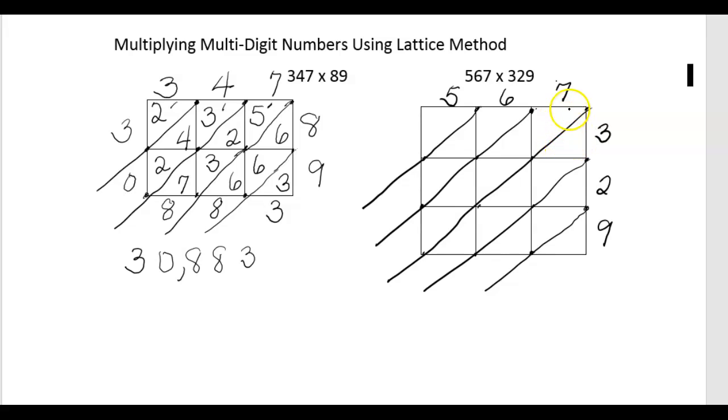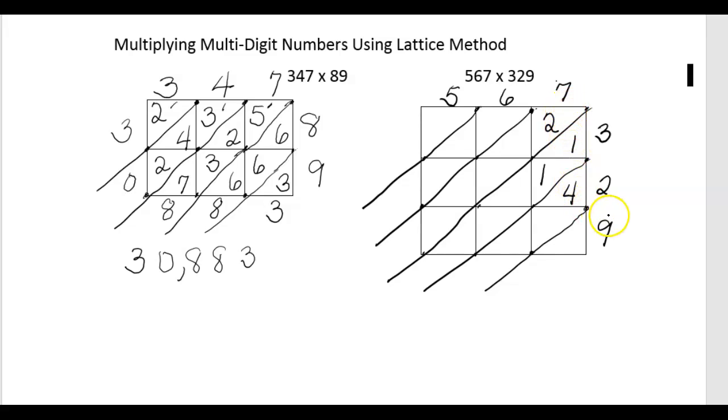On this box, the top is 7, the side is 3, so 7 times 3 is 21, so I would write 2, 1. As I have said earlier, the top half is the tens digit and the bottom half is the ones digit. So 7 times 2 in this box is 14, so 1, 4.